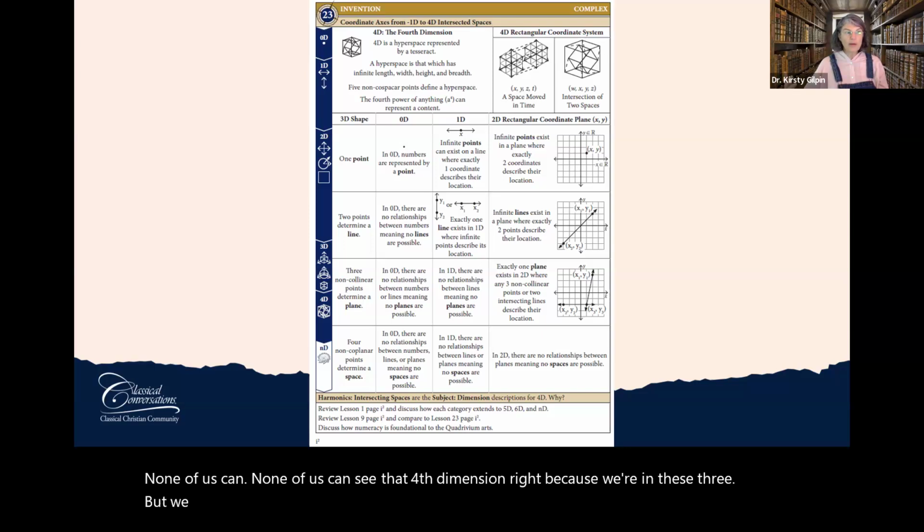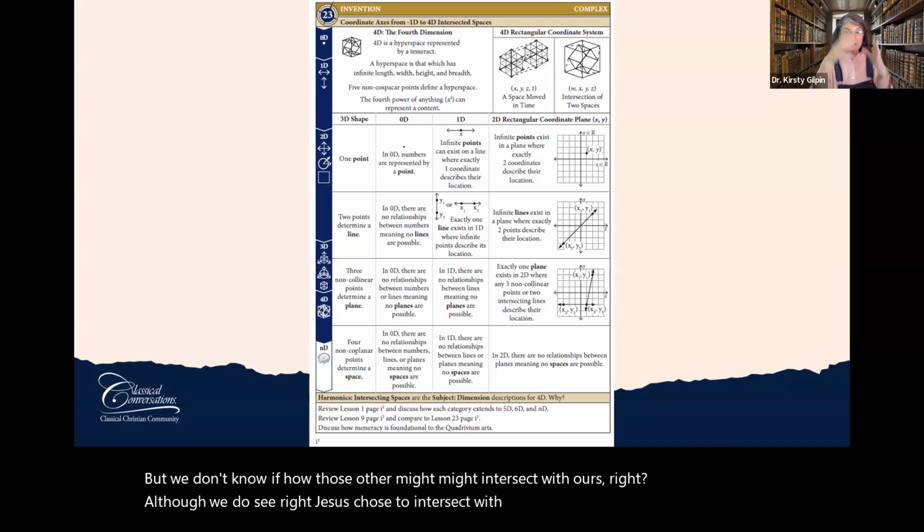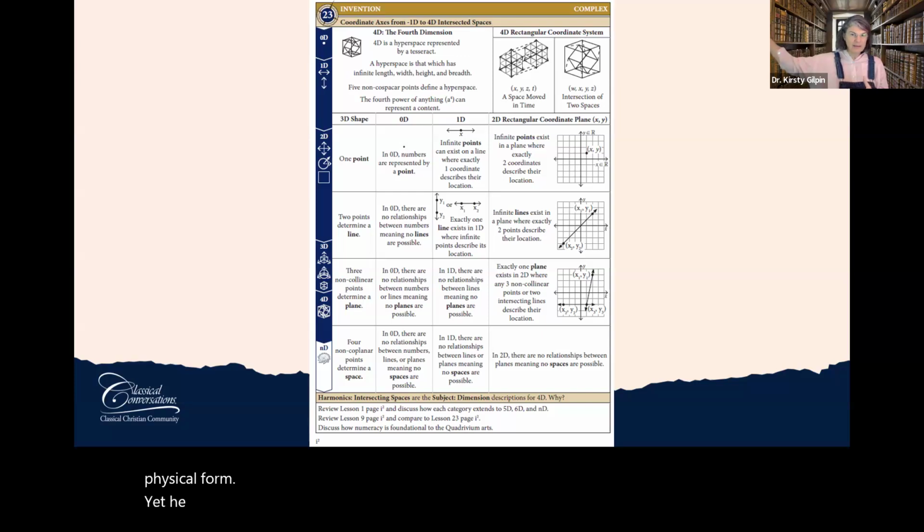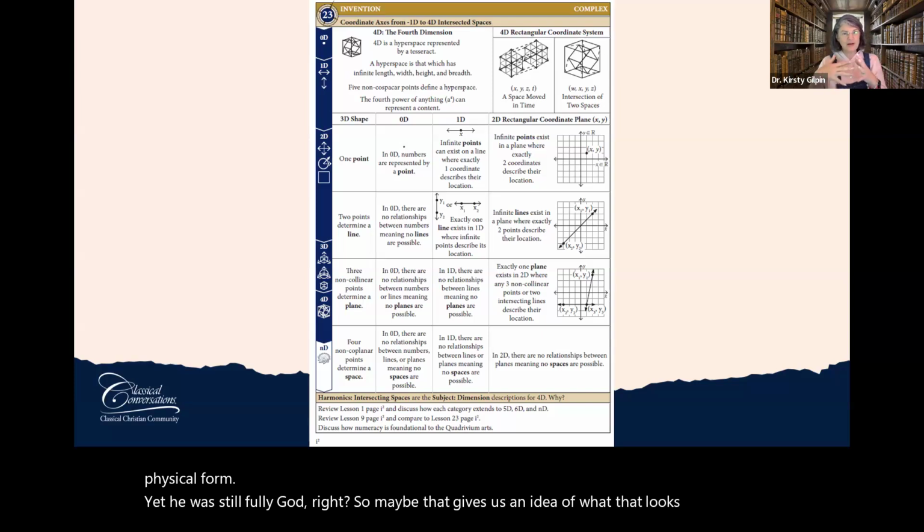But we don't know how those others might intersect with ours. Although we do see Jesus chose to intersect with our 3D and limit himself and have a physical form, yet he was still fully God. So maybe that gives us an idea of what that looks like, this intersection of spaces.